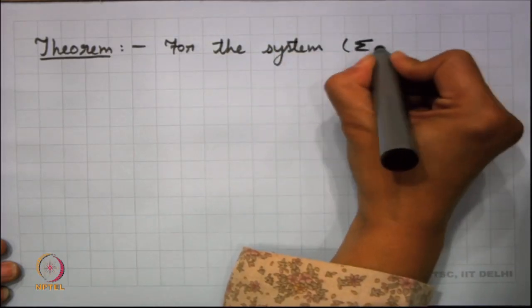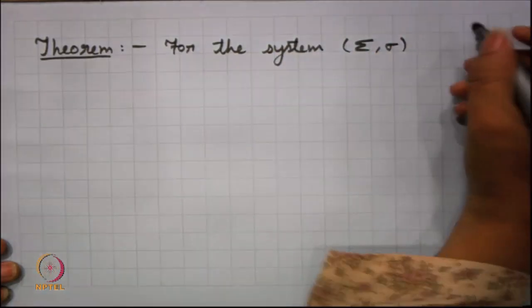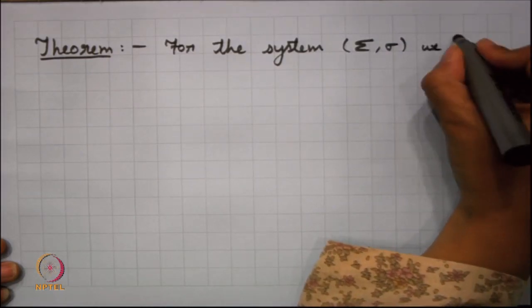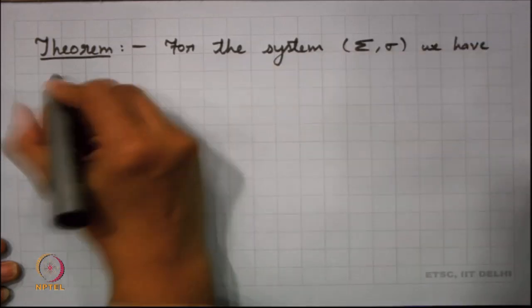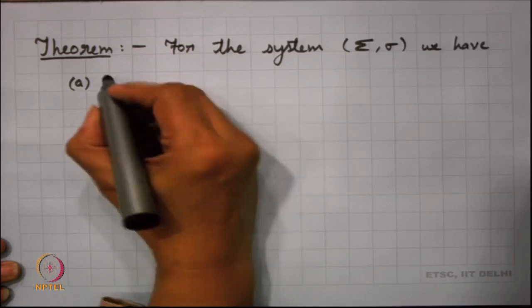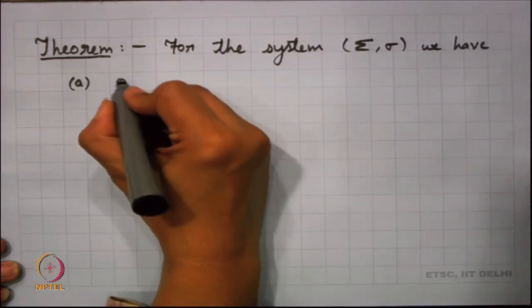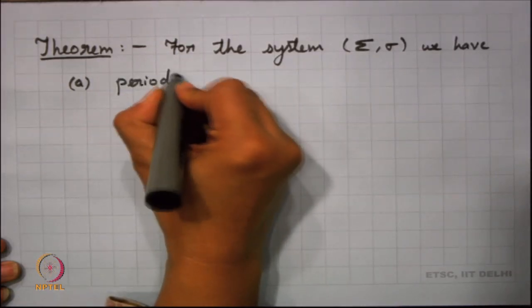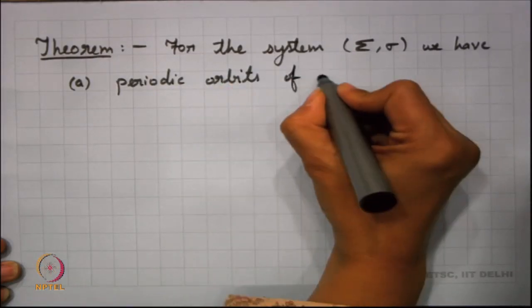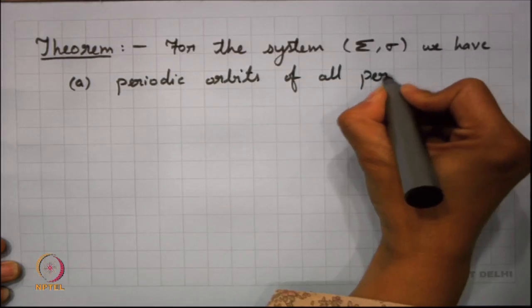For the system sigma, we have periodic orbits of all periods.